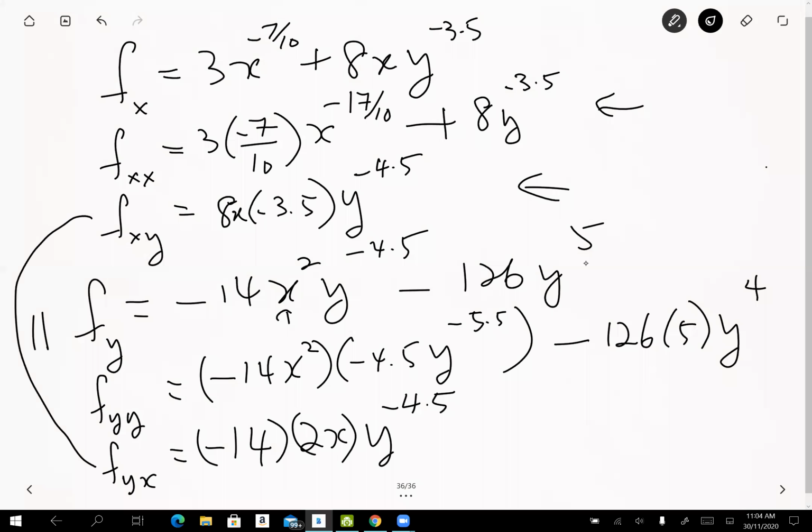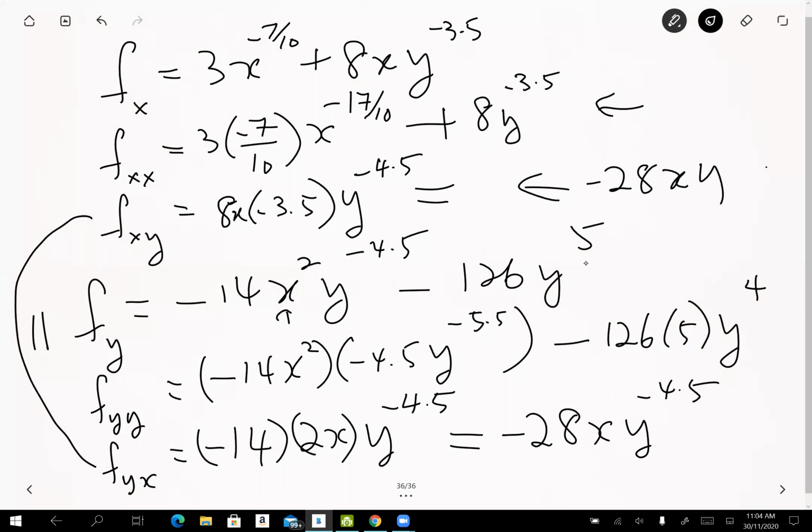So what you do now, multiply it out and see whether it's correct. 14 times 2, so that is negative 28, x times y to the power of negative 4.5. Negative 28 x y to the power of negative 4.5.